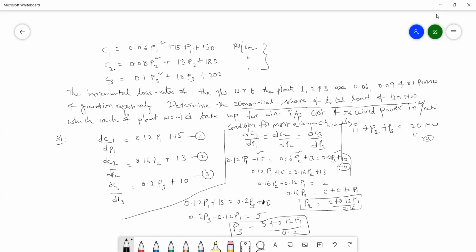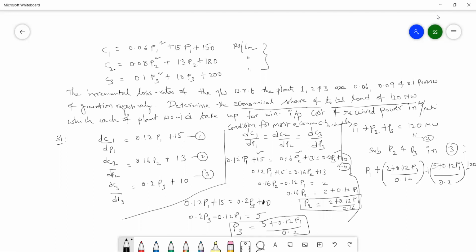Next, P1 plus P2 plus P3 equal to 120. Now substitute your P2 and P3 in this equation: P1 plus (2 plus 0.12 P1) by 0.16 plus (5 plus 0.12 P1) by 0.2 equals 120.